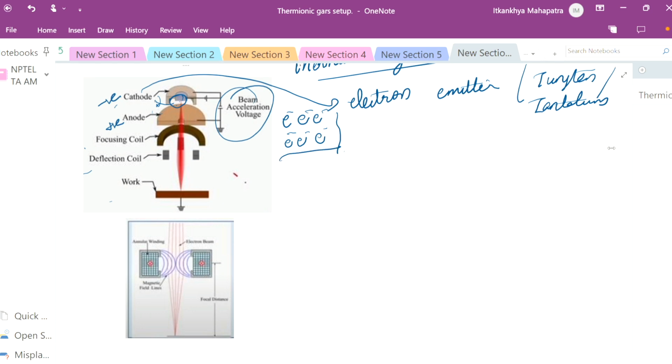So what will happen? The beam will try to diverge. Beam radius becomes high, and when it strikes the surface, it won't generate that much heat.